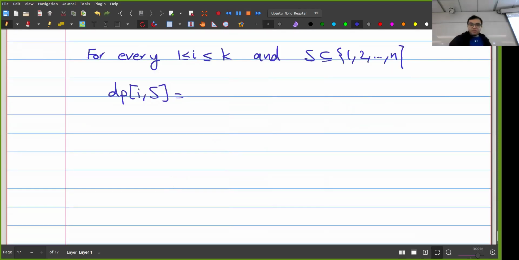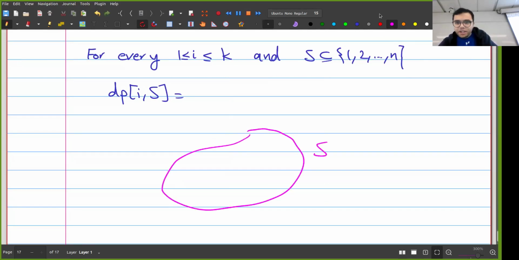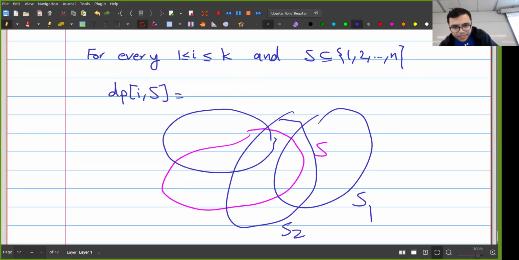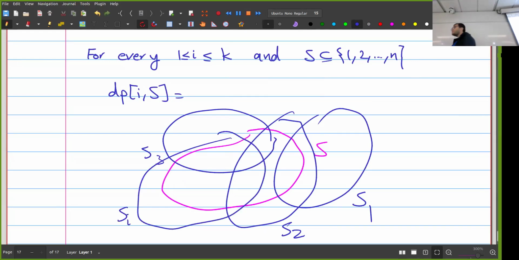Well, you have dp of I, S, which means that you have this set S that you want to cover, and you have a bunch of subsets. You have S1, you have S2, let's say S3, so on to Si. Okay, so this is very similar to knapsack.